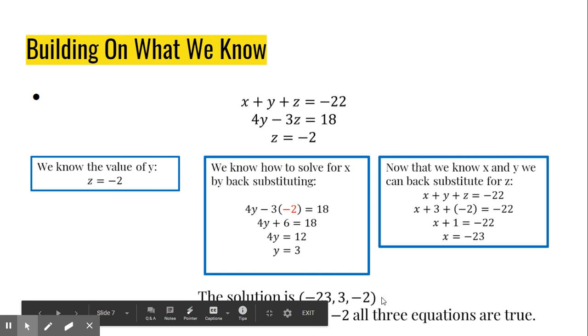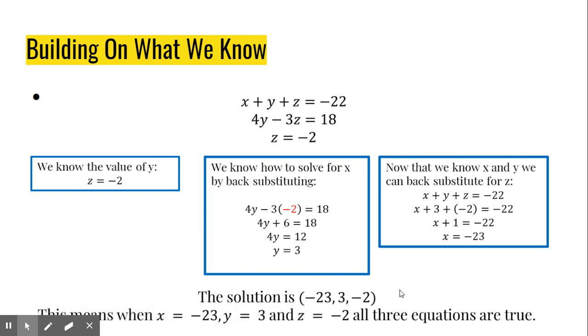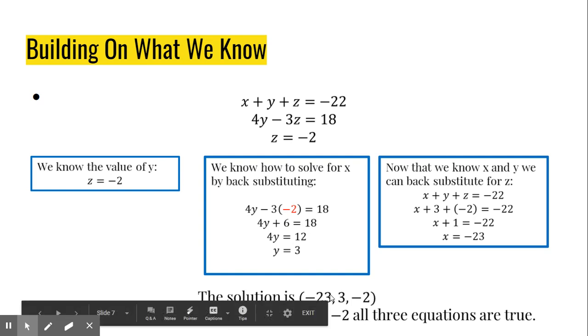This, written like this, is called an ordered triple. It looks just like a coordinate point, except it has three numbers: -23, 3, and -2.